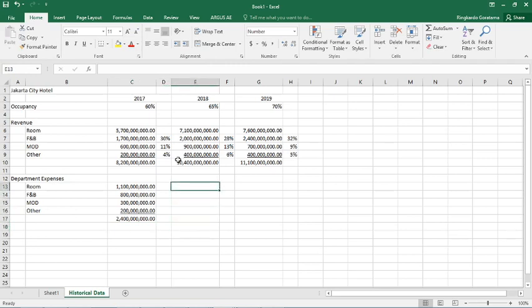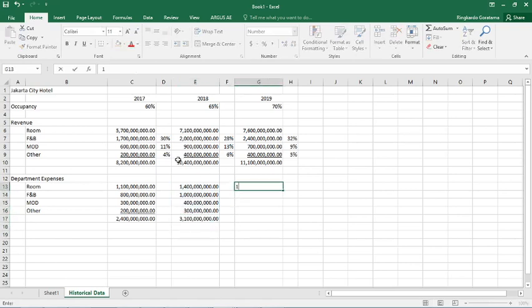And also we do the same with 2018 and 2019. Okay, and 2019 will be 1.7.